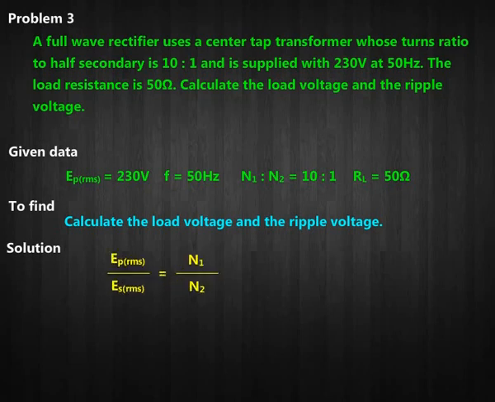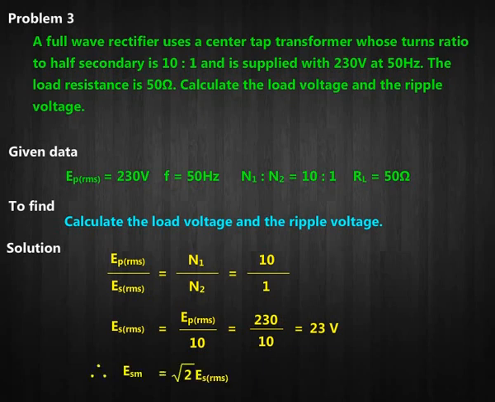Solution: ratio of EP RMS by ES RMS is equal to N1 by N2 is equal to 10 by 1. Therefore, ES RMS is equal to EP RMS by 10, which is equal to 230 by 10, which is 23 volts.